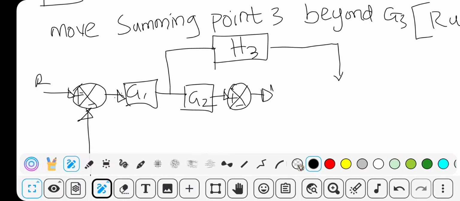Then this is G3 now, and this is the summing point after moving it beyond G3, and this is the next summing point.